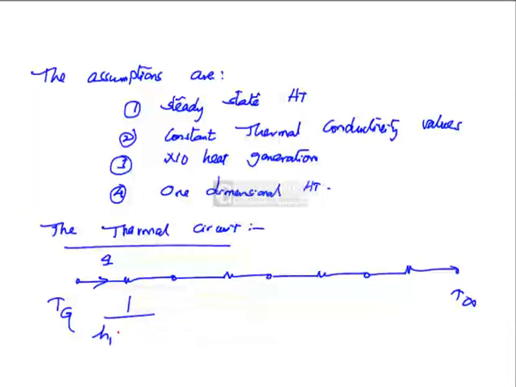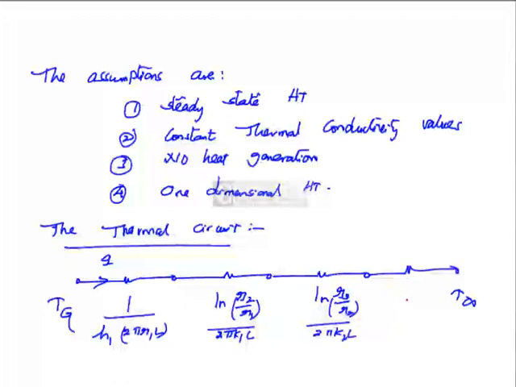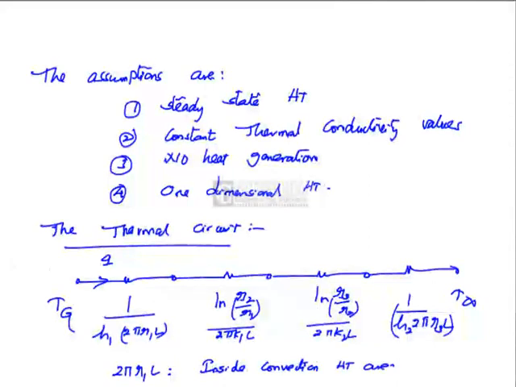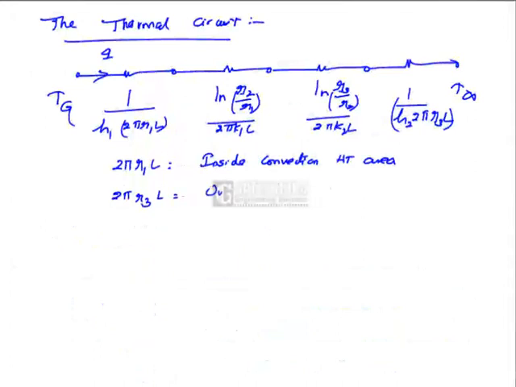Given 1 by H1 into inside convection heat transfer area, that is contact area between the gases and the inside surface, given by 2 pi R1 L, then followed by conduction resistance log R2 by R1 divided by 2 pi K1 L, then followed by log R3 by R2 divided by 2 pi K2 L, then followed by convection resistance 1 by H2 into 2 pi R3 L. Please note that here 2 pi R1 L is the inside convection heat transfer area, 2 pi R3 L is the outside convection heat transfer area between the outside surface and the outside ambient air.